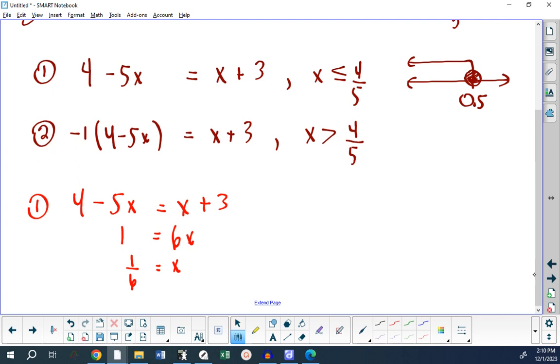Take 1 divided by 6, which is, I think, 0.166666, okay? And 0.1666, etc., is less than 0.8, which means that this 1/6 is, in fact, a solution.